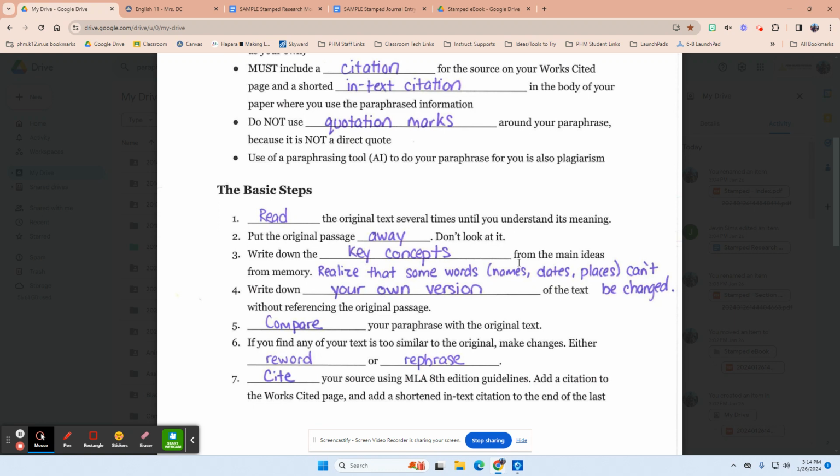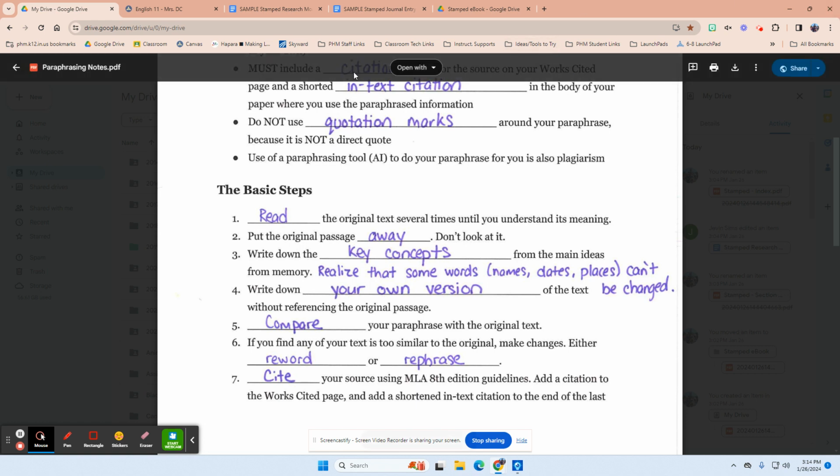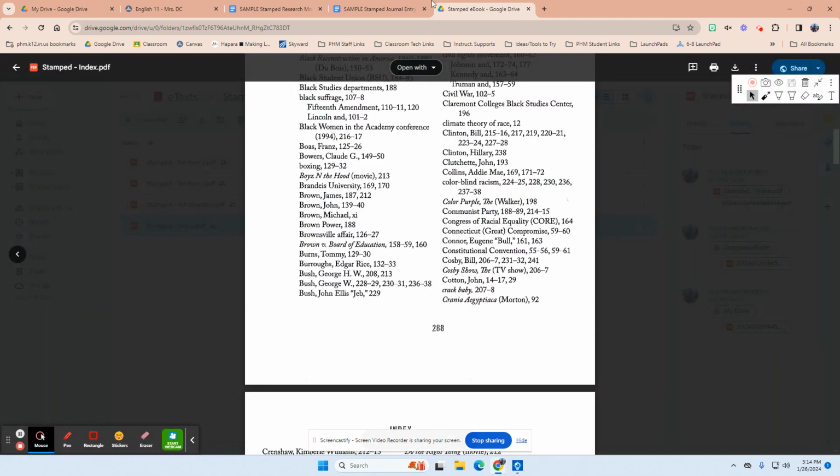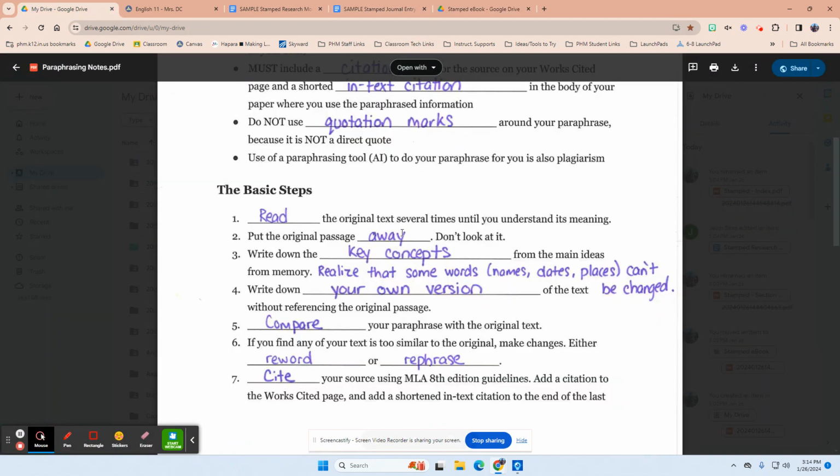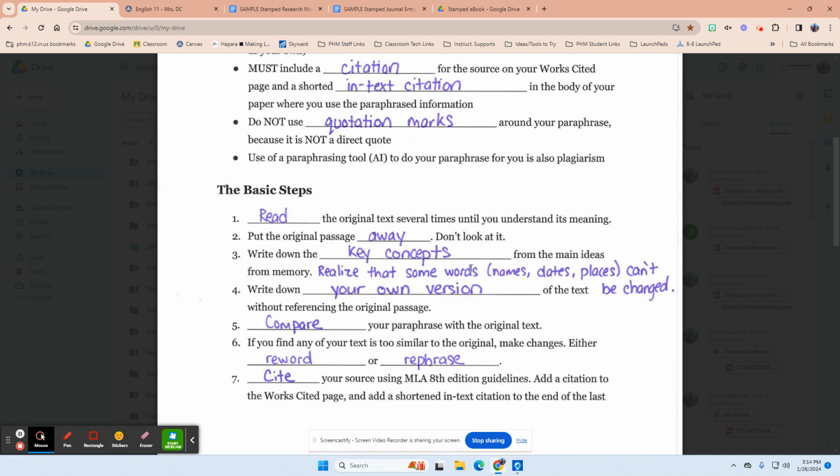The first thing I'm going to do is write down key concepts when I'm starting to paraphrase this. Before I do that, though, there's an extra step that I like to throw in for myself. Knowing the way that my brain works, this makes this process a little less frustrating for me, and leaves me less stuck when I put the passage away and start trying to put this into my own words.